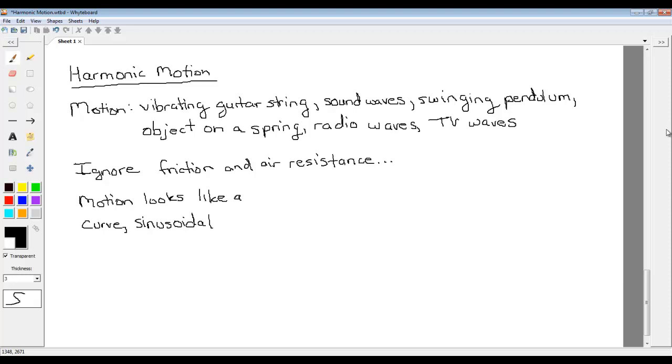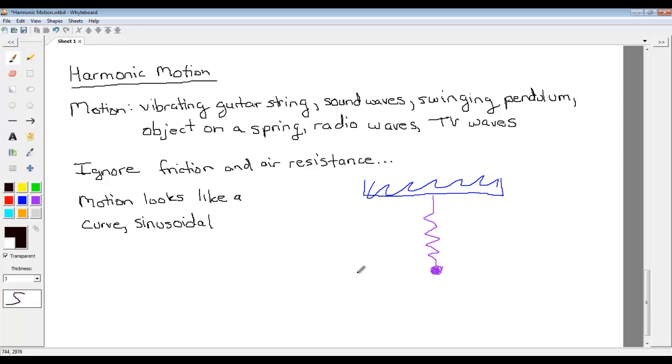Okay, so let's say that we have an object on a spring. We have a spring that's hanging down here. We have a weighted object hanging from it.